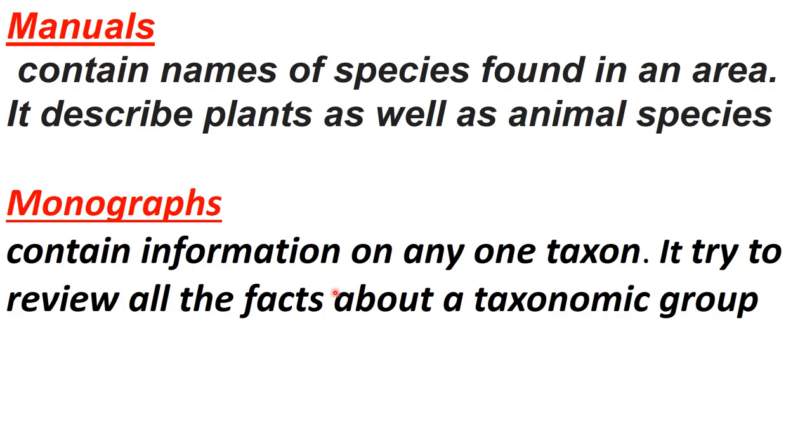Any one taxon can be there, like a monograph for any particular area, and a particular taxon can be like insects. So the insects monograph will tell about all the insects present in that particular area, and it will review all the facts about that taxonomic group.